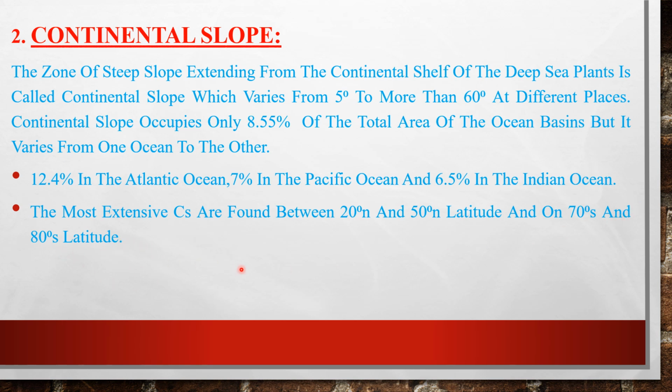The most extensive continental slopes are found between 20 degree north and 50 degree north latitude, and between 70 degree south and 80 degree south latitude. It's a latitudinal extension. In this latitudinal extension, we can see the continental slope extension.